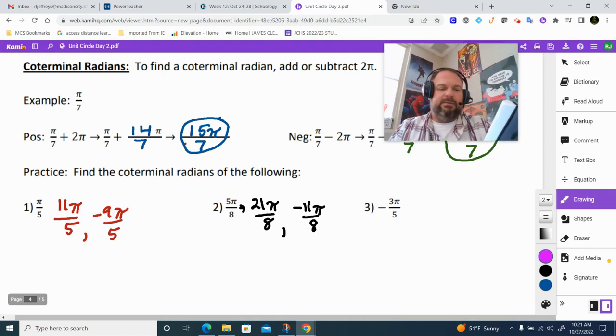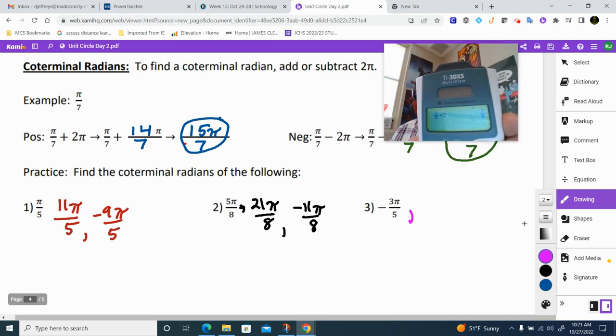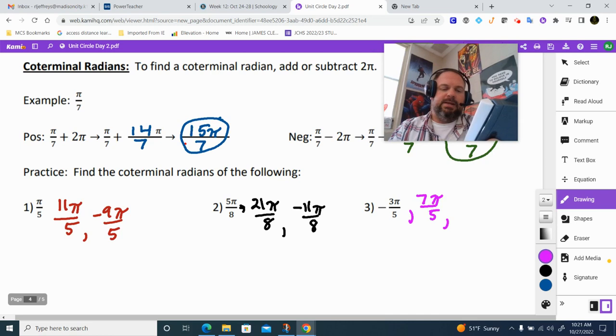And then lastly, we have negative 3 over 5 plus 2. So I get 7 pi over 5. Now I've got to do the negative one.